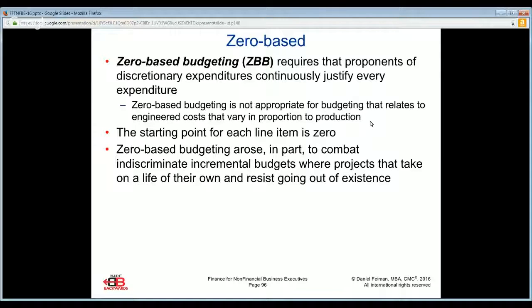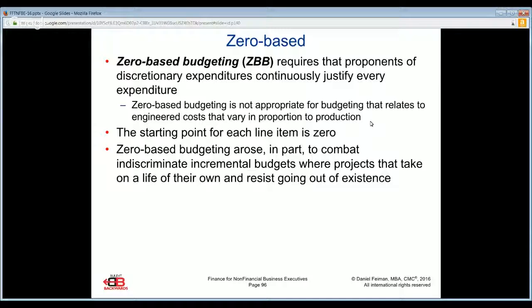So what zero-based budgeting says is, go through your budget, line item by line item, justify what you need. Anything that cannot be justified will be reduced. And in an extreme case, it'll be reduced to zero. Why?